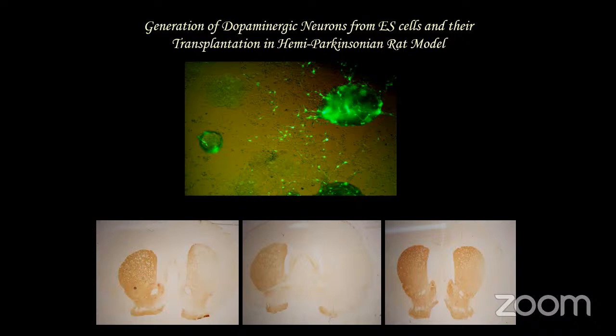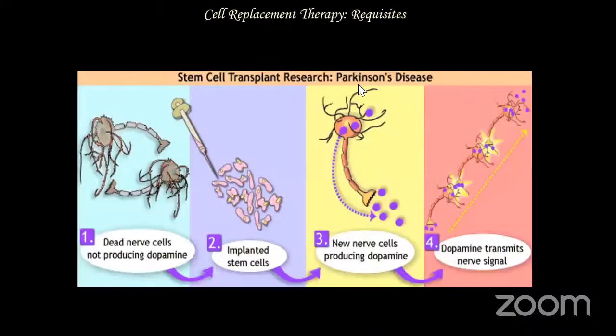And this is just a cartoon showing, if you have to do any transplant, for example, in Parkinson's disease, dead nerve cells are not producing dopamine, the subventricular region cells. So you have to implant stem cells. In this case, you have to think what stem cells you have to keep in mind. Then those should be physiologically active, producing dopamine. And after implantation, they also should integrate into the system.